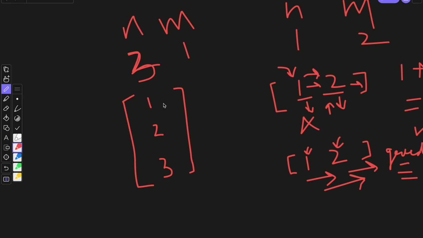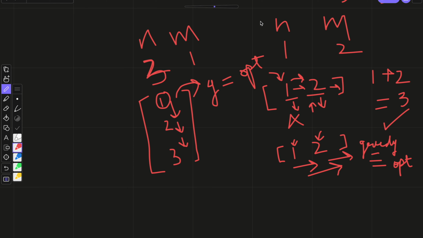We can also see here that the only direction from the top left we can go is downwards. So there is only one path that is possible, which will be equal to the greedy path, which will be equal to the optimal path. So we can see that there are two cases in which it is possible: either n is 1 or m is 1, because the direction would be the same.